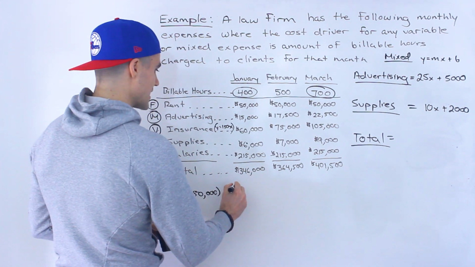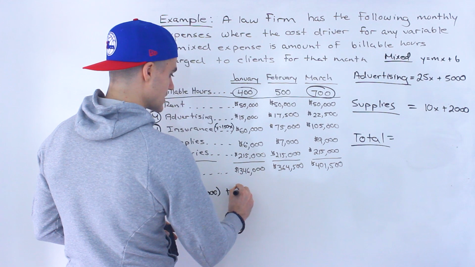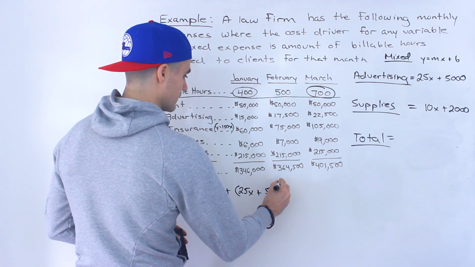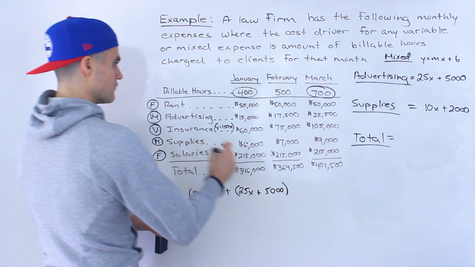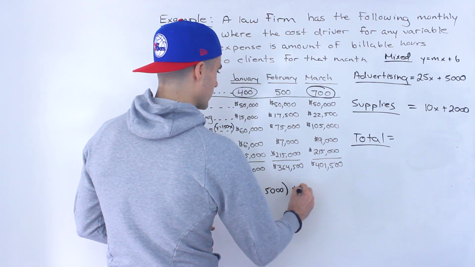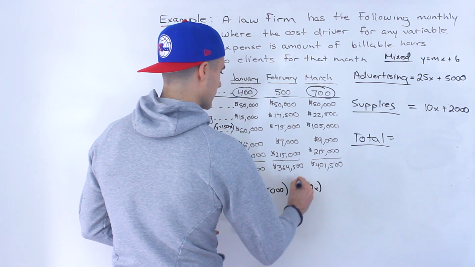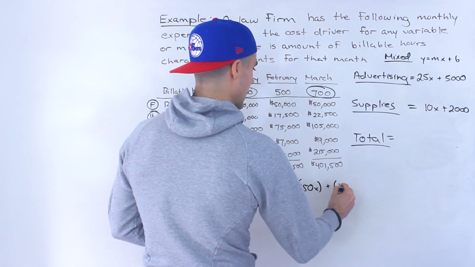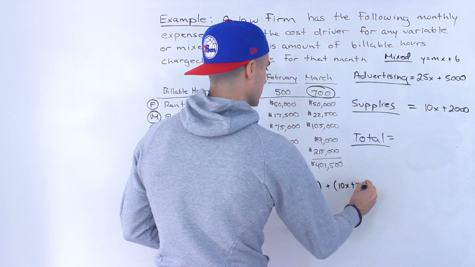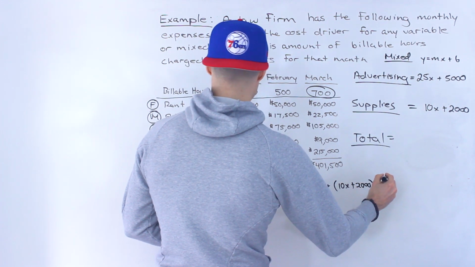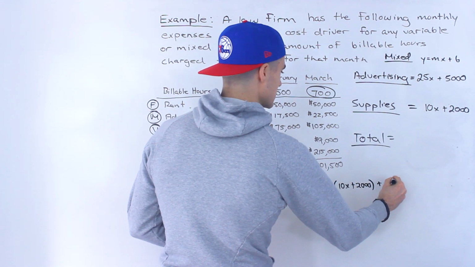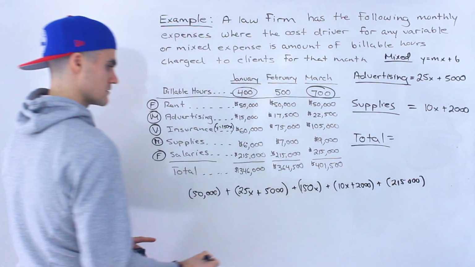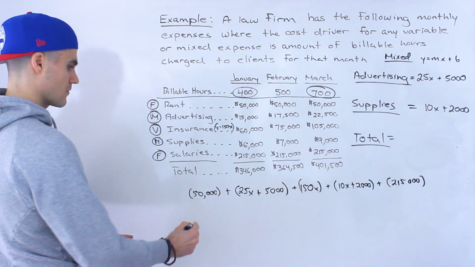We know the advertising is mixed, and the advertising is 25x plus 5,000. Then we have the insurance, which is 150x. And then the supplies is 10x plus 2,000. And then the salaries is constant at 215,000, like that.